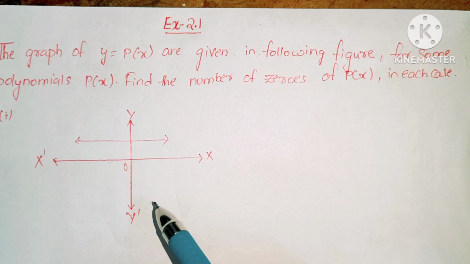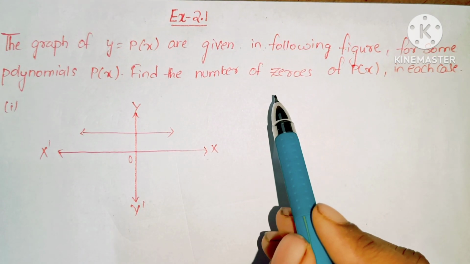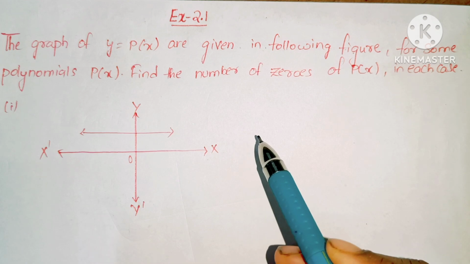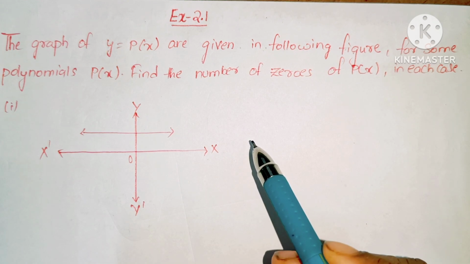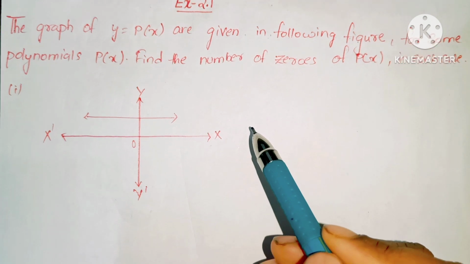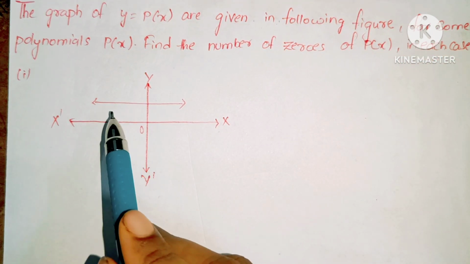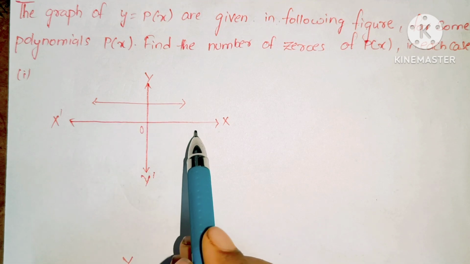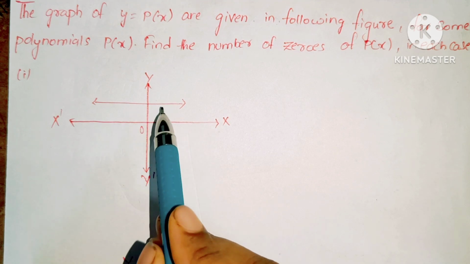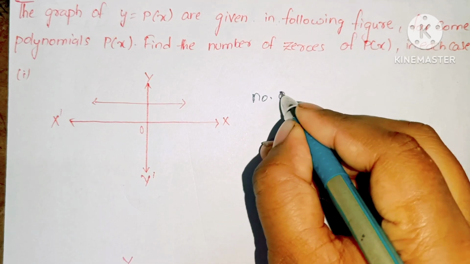I said before, if the given line intersects the x-axis, at how many places it cuts the x-axis, that is nothing but the number of roots, right? So see here in the first question we have one graph and the line was drawn parallel to the x-axis. So how many zeros are there? Number of zeros, how many here?